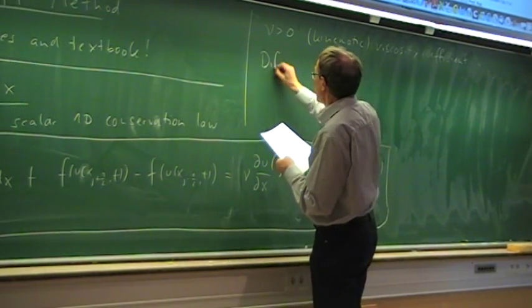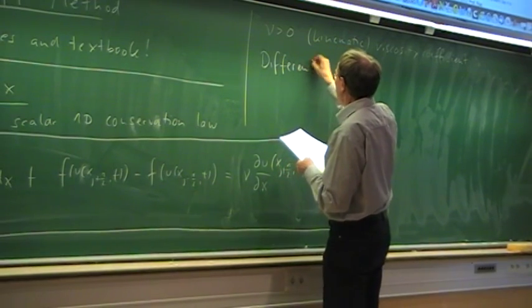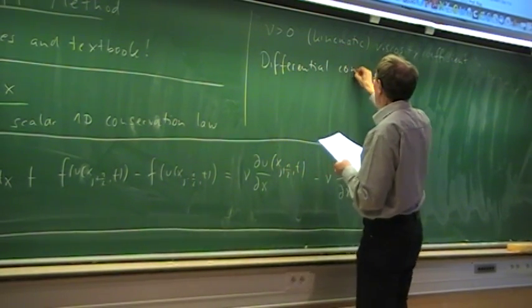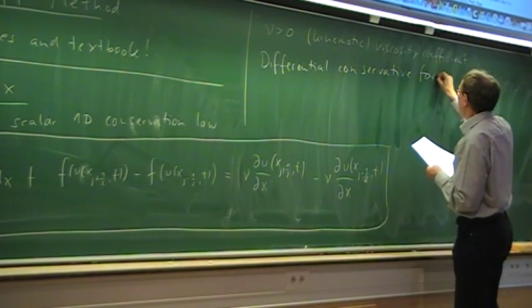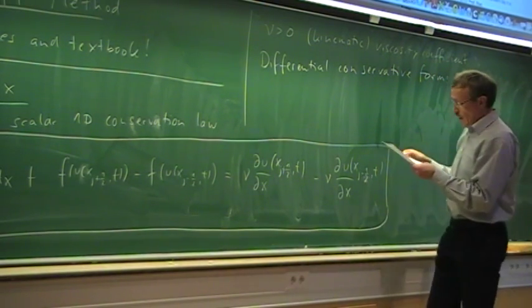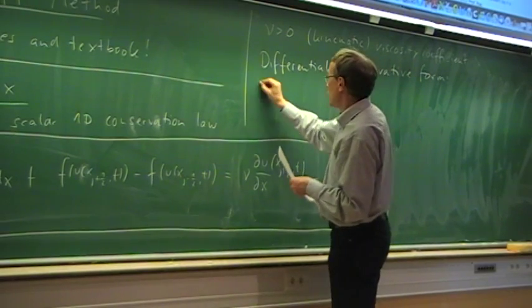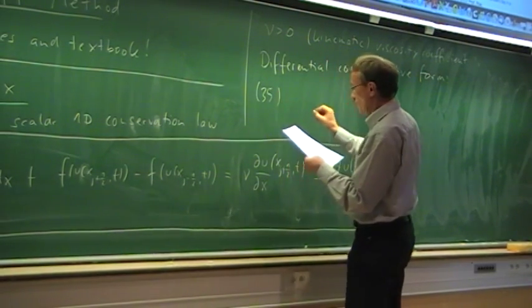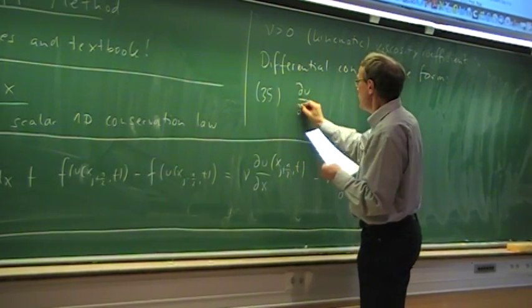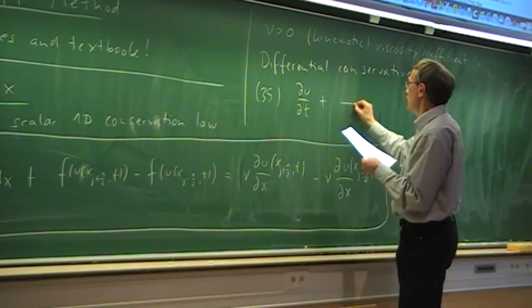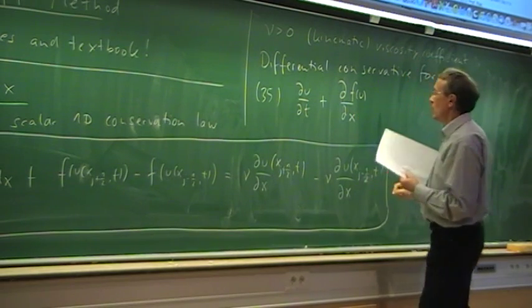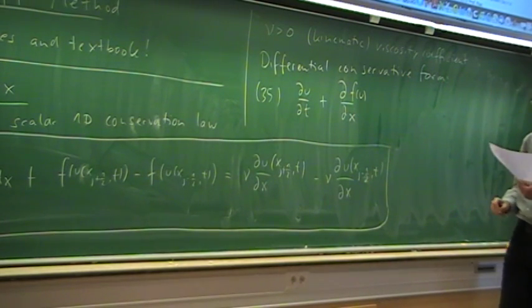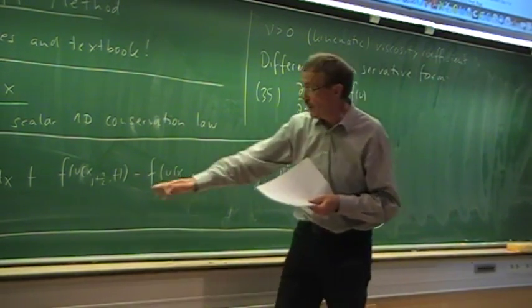So the differential conservative form would be, that is then 5, that we have the u_t plus the space derivative of the flux function f of u, that is appearing here.